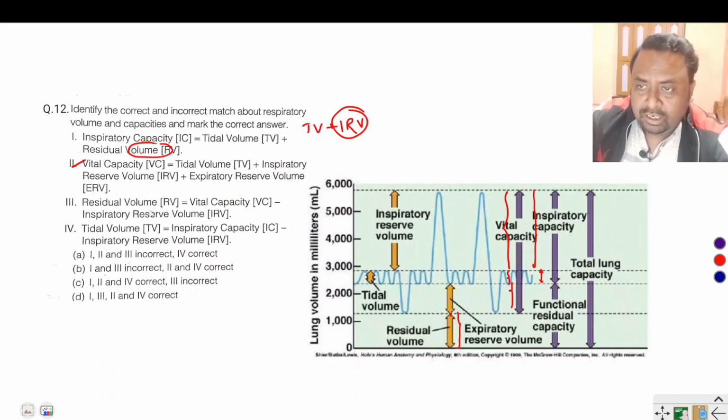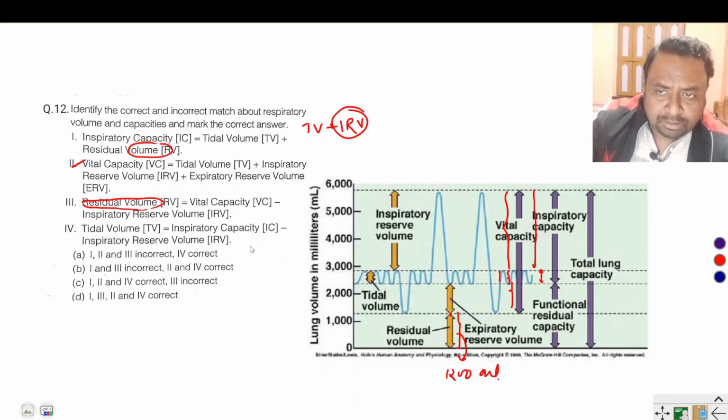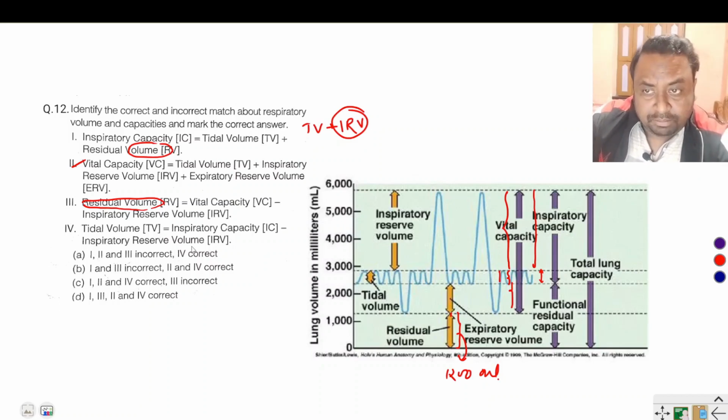Only residual volume is near about 1200 ml of air. Tidal volume means this is the tidal volume, which is inspiratory capacity minus inspiratory reserve volume.